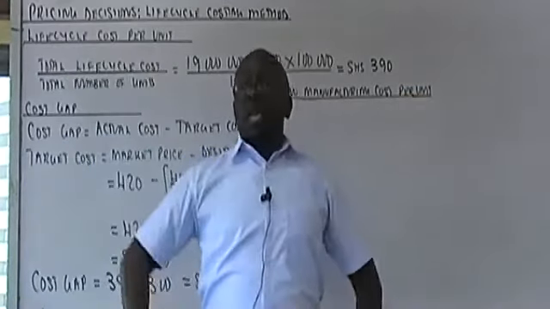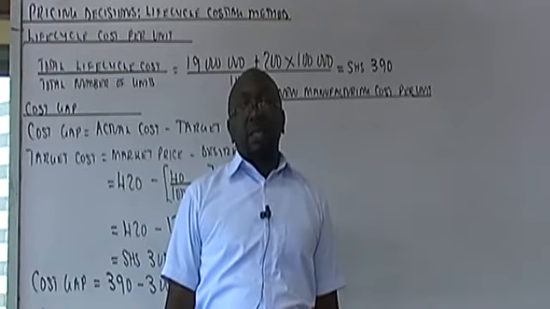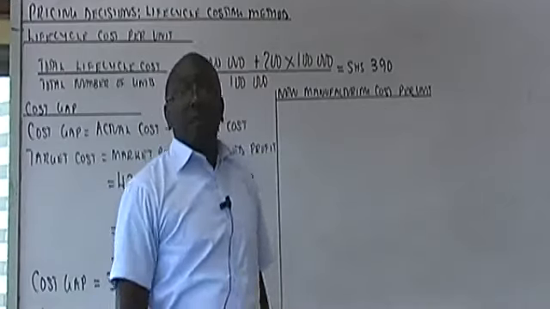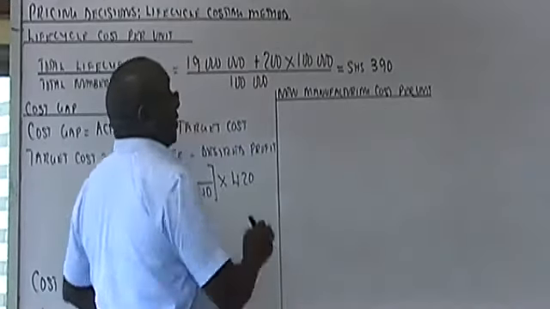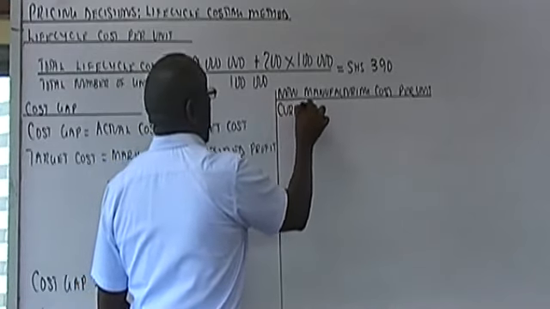The question says that we must maintain the markup as it is. We must earn the profit. So if we have to earn the required profit, we will say current profit.